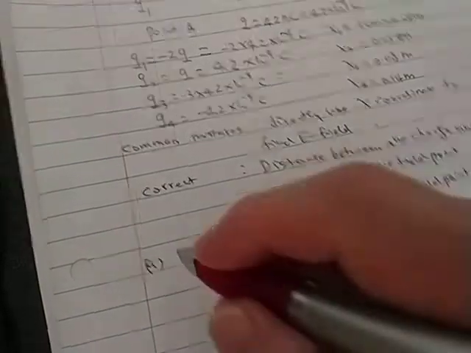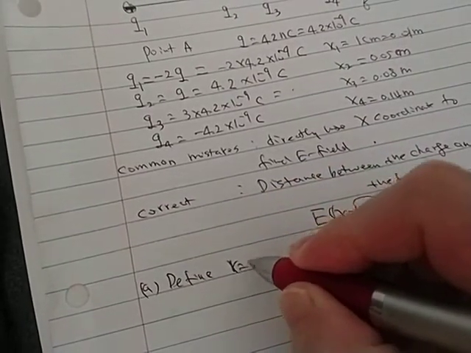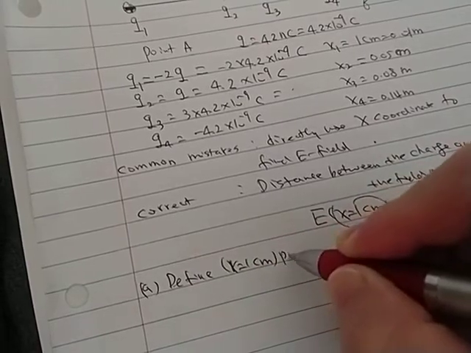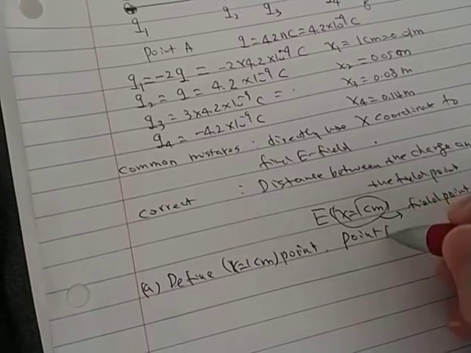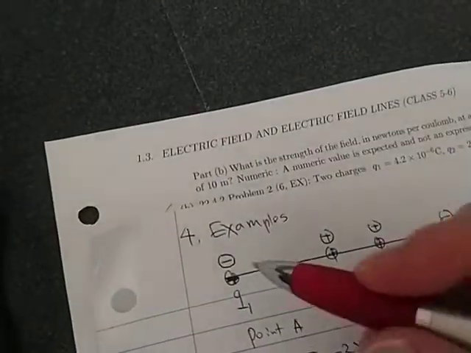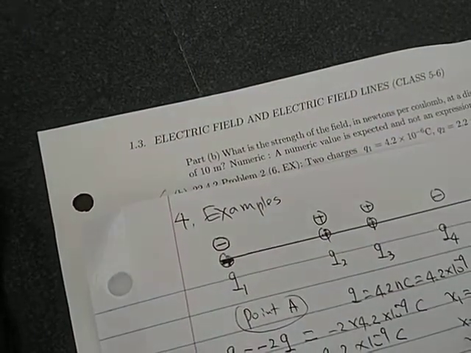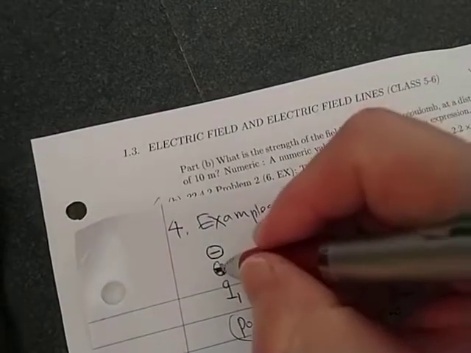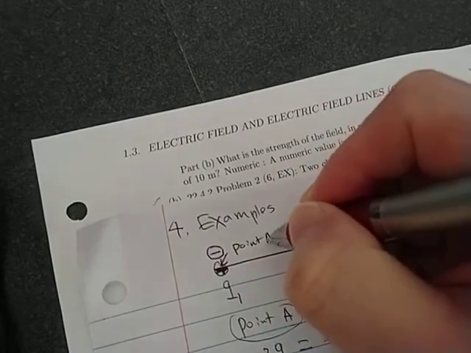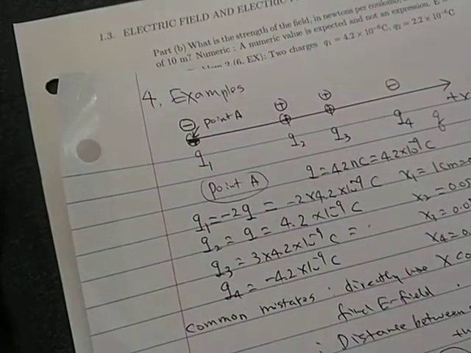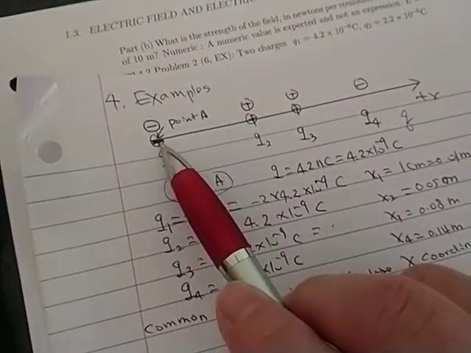To be more precise, let's define x equals 1, this particular point, as point A. So the point A is directly situated at x equals 1 centimeter, which is over here. So this is my point A. Because this is the 1 centimeter, it must be set over here.